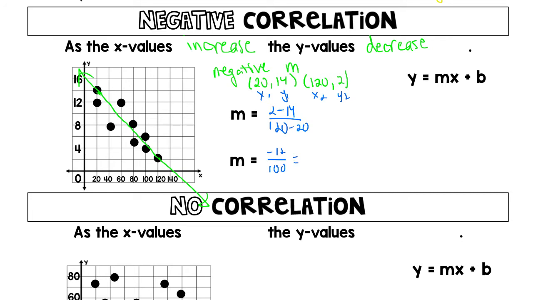Again, I want a decimal here, so the slope is negative 0.12. Now, again, we're going to use the point slope form that we used above: y minus y1 equals m times x minus x1.